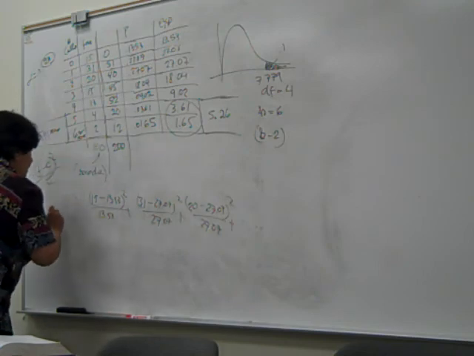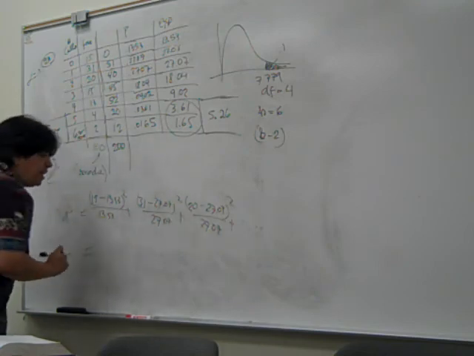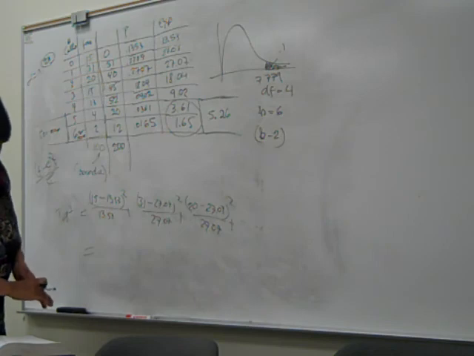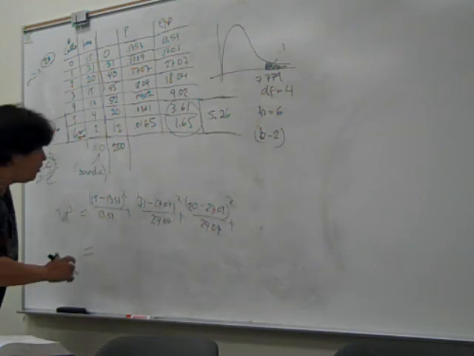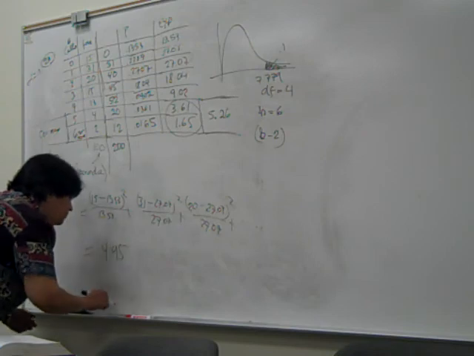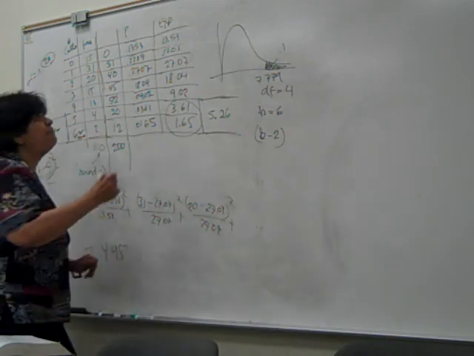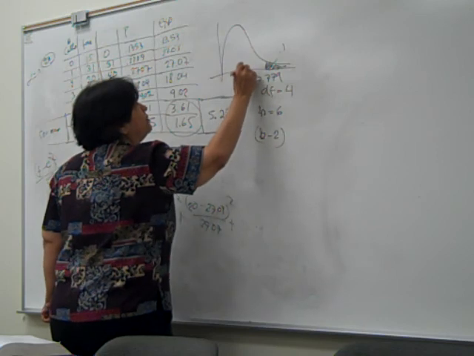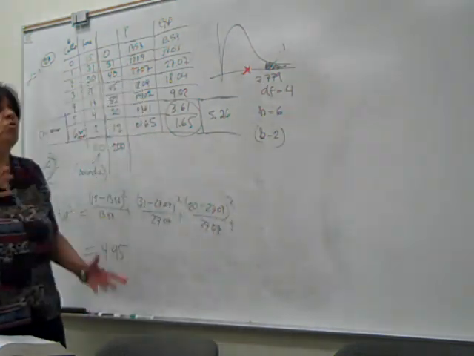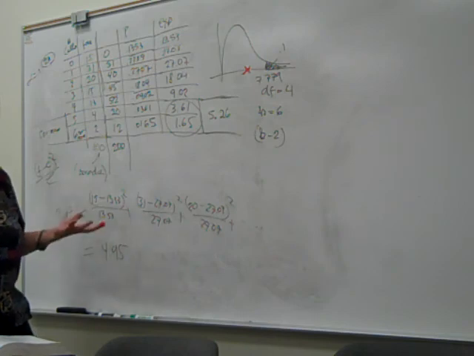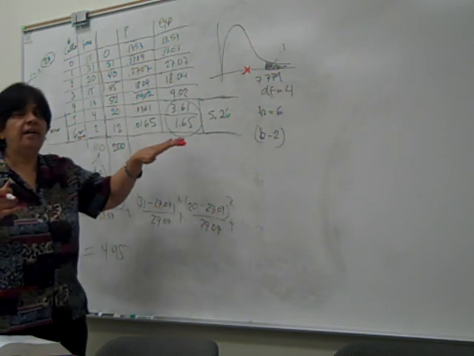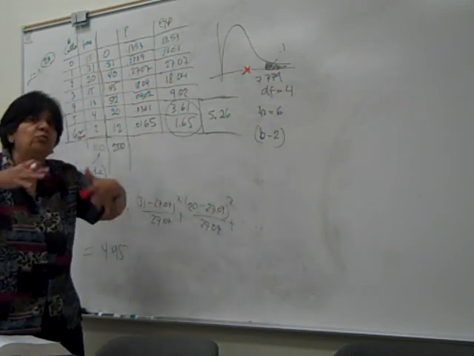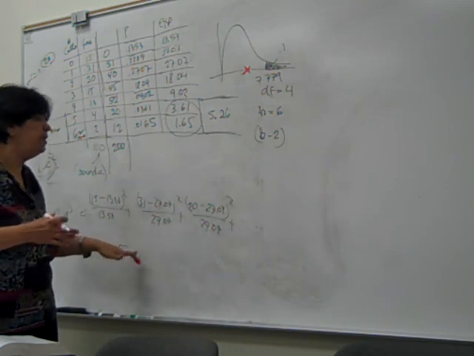Okay, and this is my test value, and that is equal, I repeat, to 4.95. Where is my 4.95 in here? Over here. So we do not reject the null hypothesis. We don't have evidence to reject that this is a Poisson distribution with mean equal to 2.